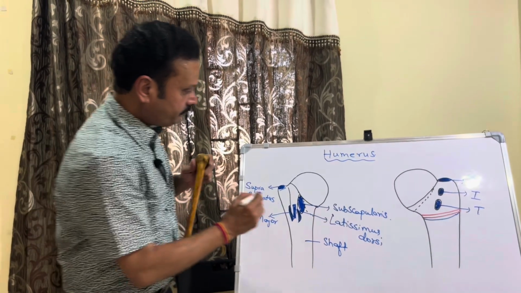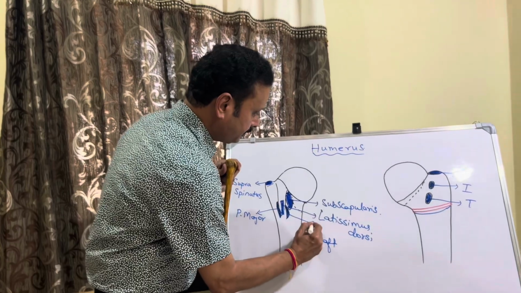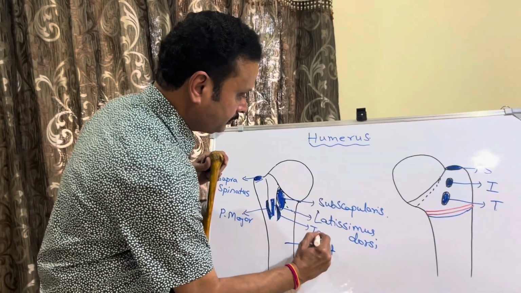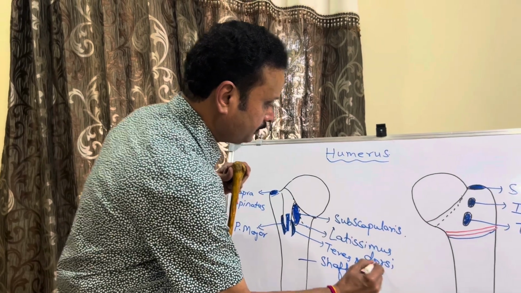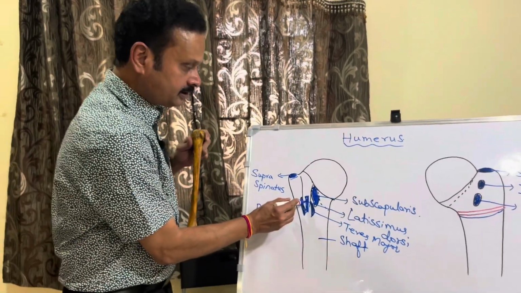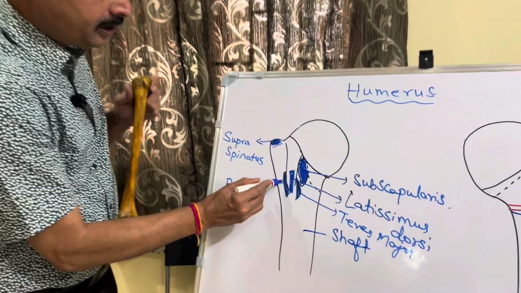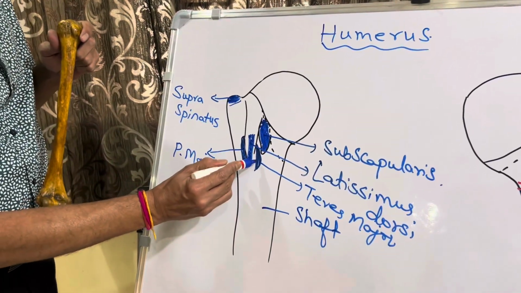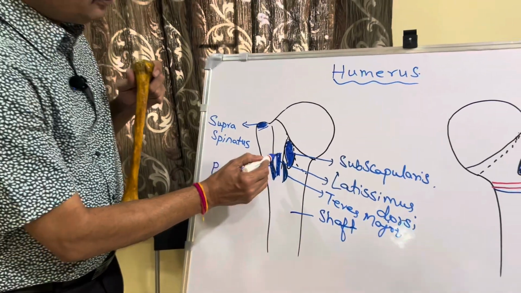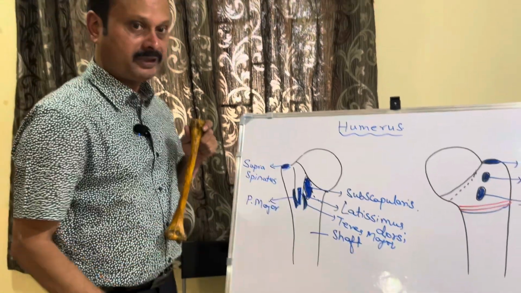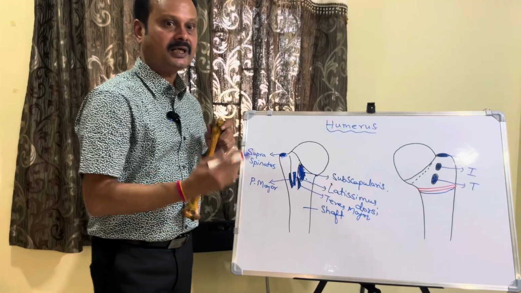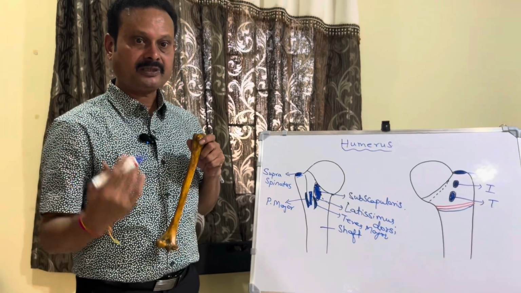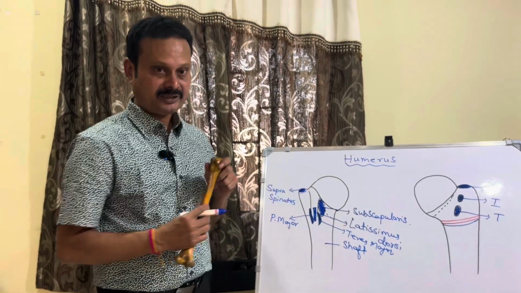To the medial lip of the intertubercular sulcus, it is the insertion of teres major. I repeat, latissimus dorsi lies between pectoralis major laterally and teres major medially. A lady between two majors. The lady is latissimus dorsi and the two majors are, on the lateral lip, pectoralis major, and on the medial lip, teres major.